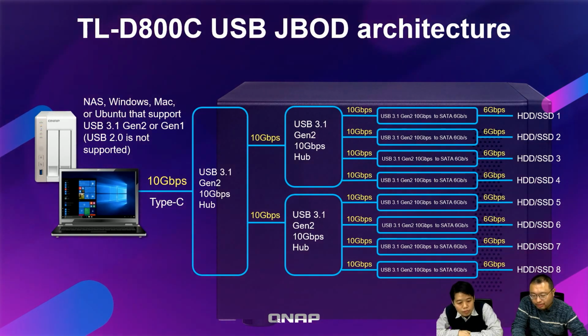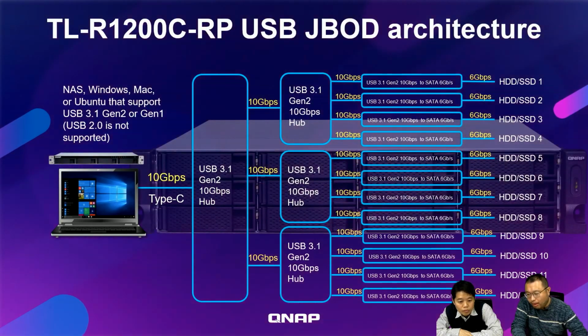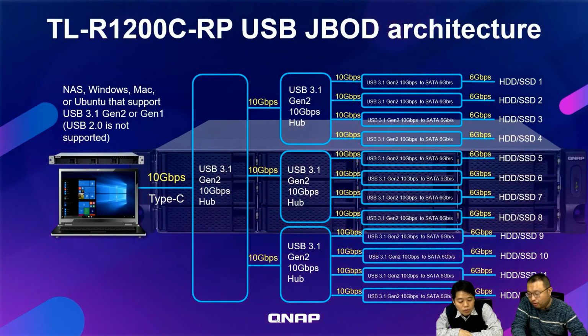USB 3.0 is pretty common on many computers nowadays, and you will find 3.1 Gen 2 more and more on modern computers. Now for the 12-bay Rackmount, we add one more USB hub to extend 4 more hard drives. From there, it still has some capacity available to support the 10 gigabit performance.